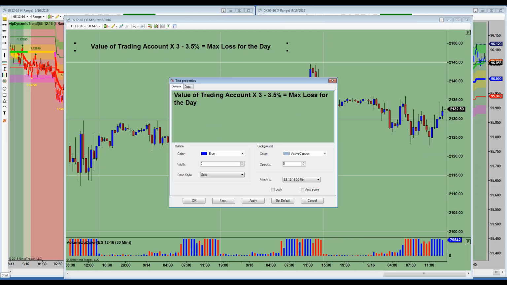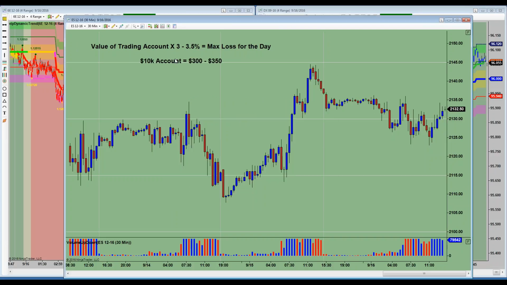What would it be? So let's put this in here real quick. A 10K account would equal how much? 3 to 350, yes? Yeah, about $300 to $350 roughly, plus or minus, depending on how much is actually in there.